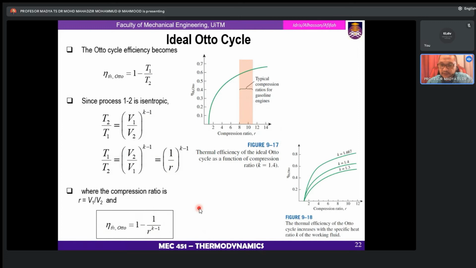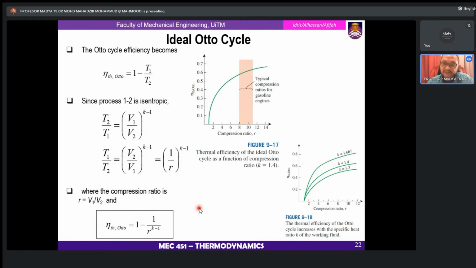So also, you must know that the thermal efficiency of the Otto cycle increases with the specific heat ratio. When the specific heat ratio increases, what happens to the thermal efficiency of this Otto cycle?